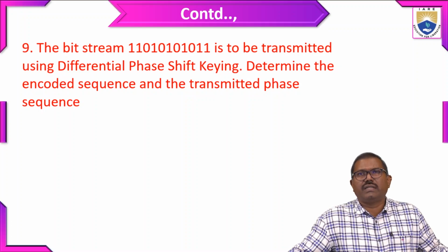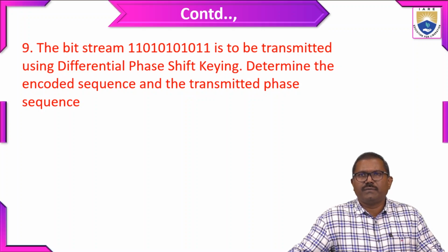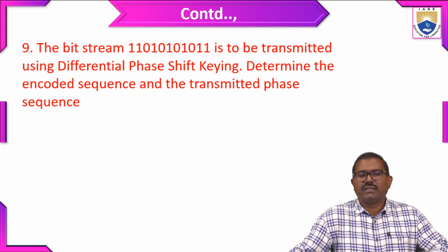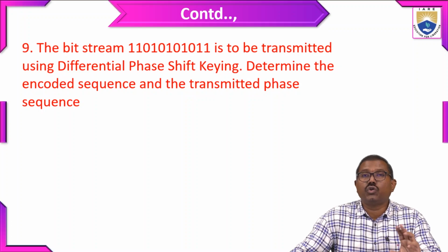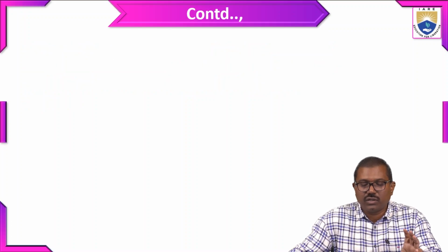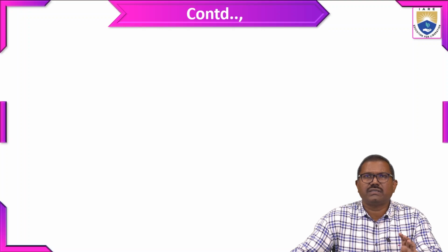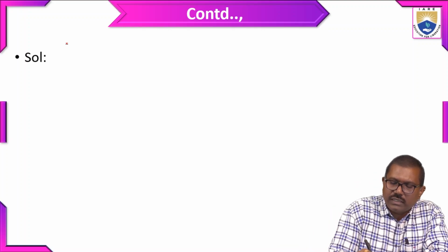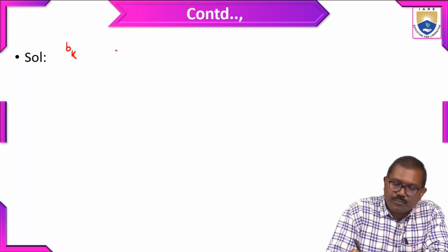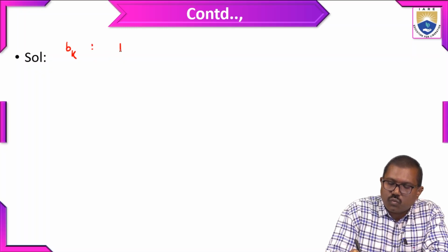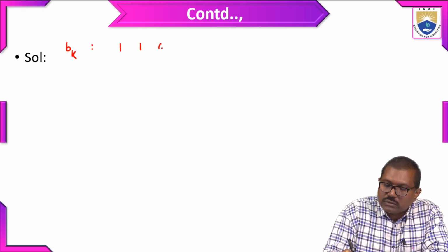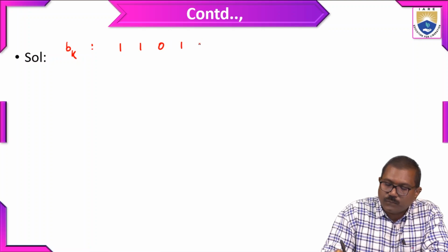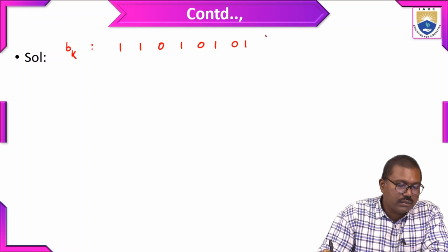Another bit stream. So now for this bit stream, we are going to find the encoded sequence using 0 as the reference bit. So here I am writing BK is 1, 1, 0, 1, 0, 1, 0, 1, 0, 1, 1.